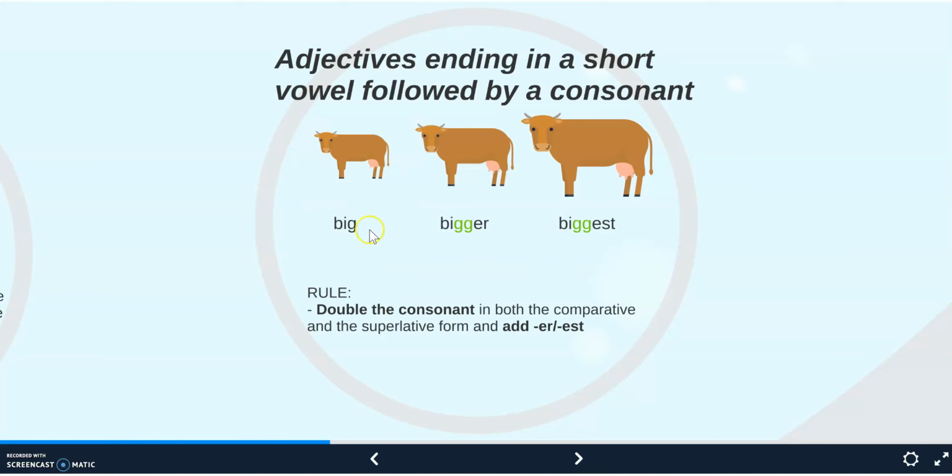This cow is rather big, but this cow is even bigger, and this one is definitely the biggest. So the rule here is to double the consonant in both the comparative and the superlative form, and then add er or est to the adjective. As this is the general rule, you just have to double the consonant if it's an adjective ending in a short vowel followed by a consonant.